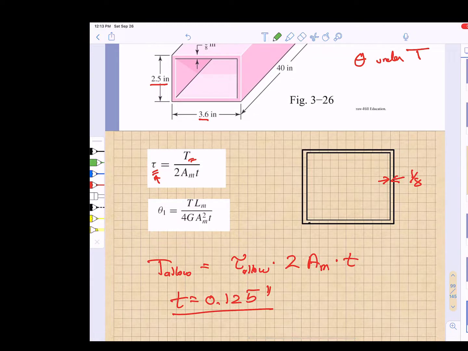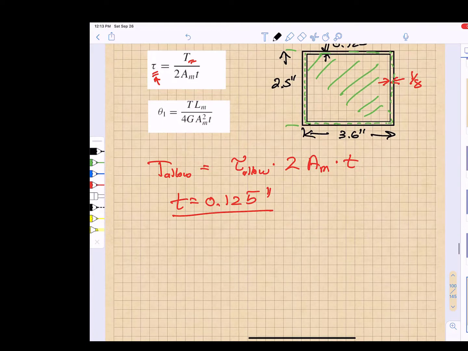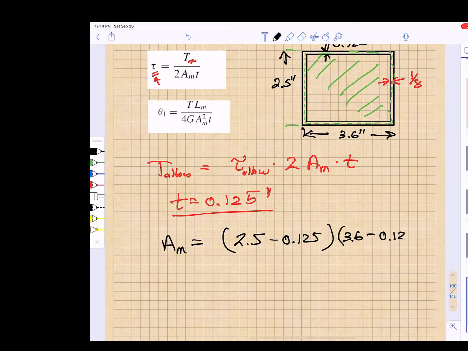To figure out the median area, I need to come to the midpoint of this wall and calculate what area is enclosed by that midpoint. Well, if this outer boundary is 2.5 inches, and my wall thickness is 0.125 inches, and this side is 3.6 inches, then all I have to do to find AM is multiply 2.5 minus 0.125 inches by 3.6 minus 0.125 inches.